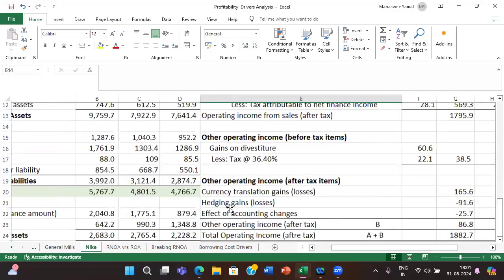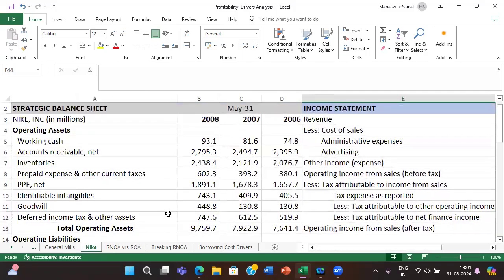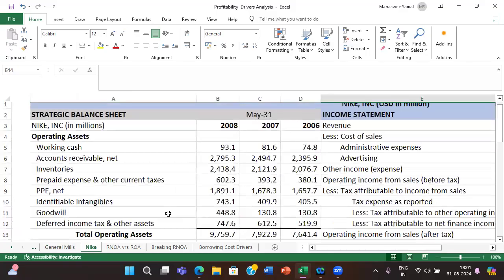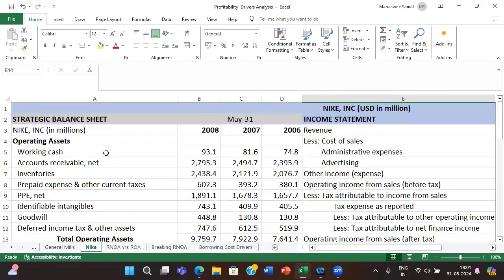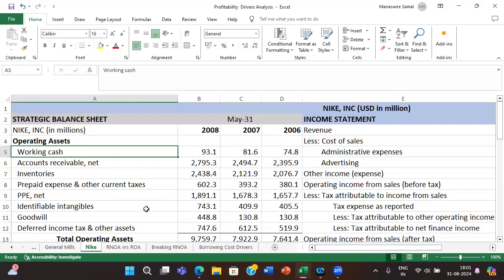So let us see the balance sheet of Nike. Here you have 3 years of balance sheet. Coming to this working cash, the case has told us to take 0.5% of sales, that's your revenue, as working cash. This is a kind of convention some of the analysts use on Wall Street.